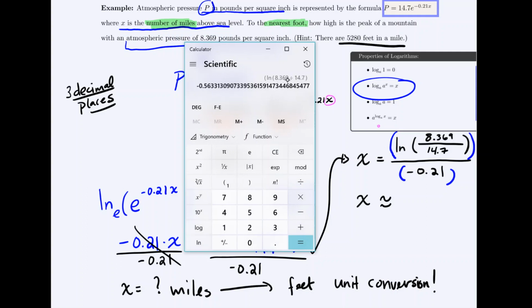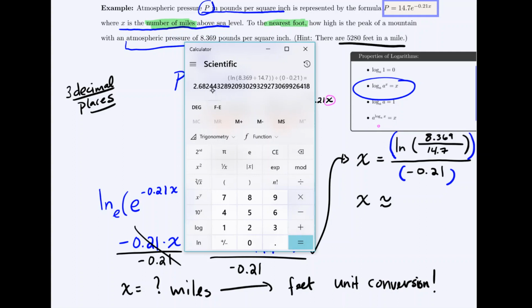So I've got the natural log of our input, close parentheses because I'm done with the top of the fraction, divided by the bottom of the fraction, close parentheses there, check to make sure everything's correct. And we would get this value.